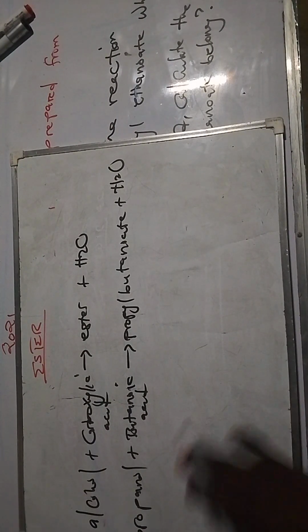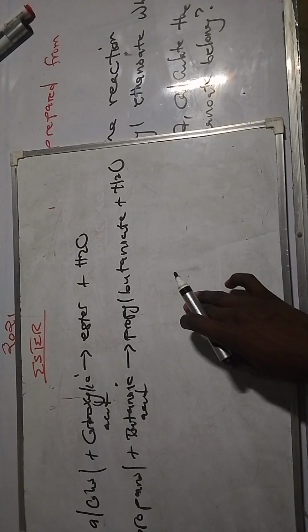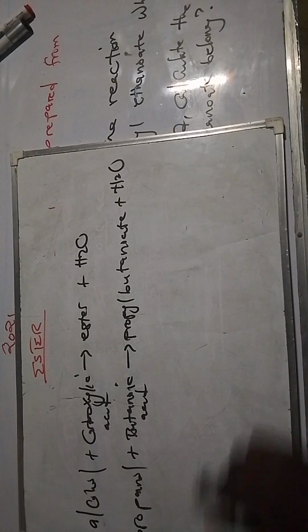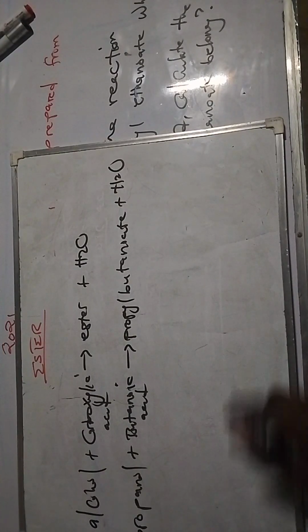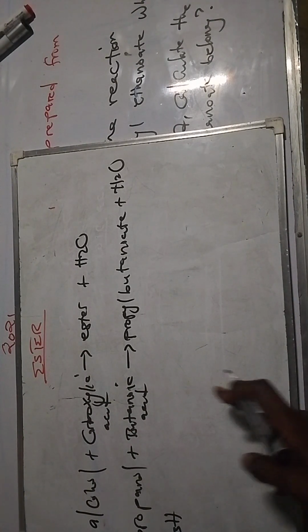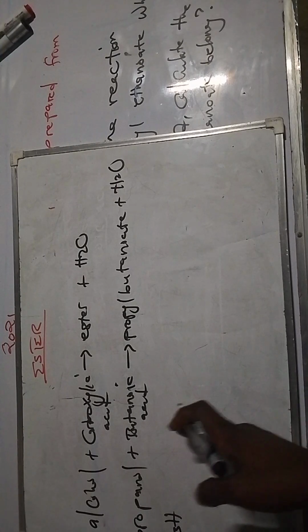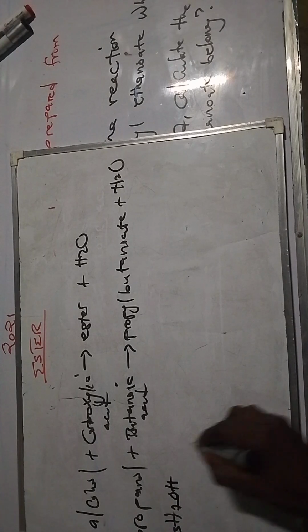So this is what we call the word equation. Now in the form of the chemical equation, we understand that propanol has 3 carbons, so it will be C3, then H: 3 times 2 is 6 plus 1, it will be 7. So H7, then we add hydroxyl.